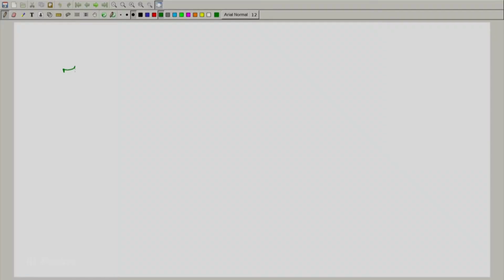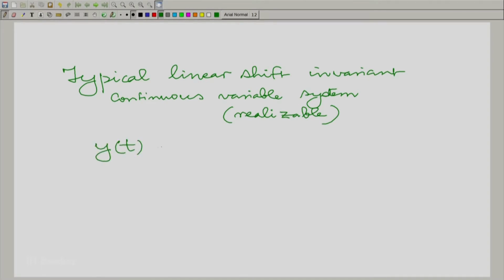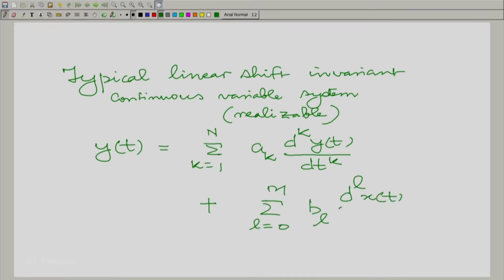Remember, if you looked at the typical linear shift invariant continuous time system, particularly one which is rational or realizable, then it has a typical system description given as follows: y of t is summation k going from 1 to n, the kth derivative of y(t) multiplied by ak, plus a similar summation on the derivatives of the input.